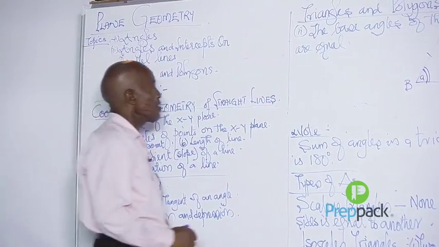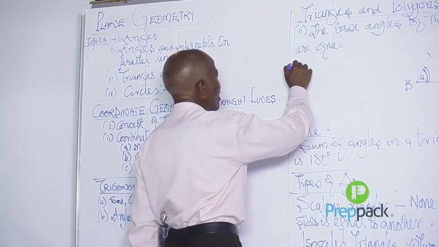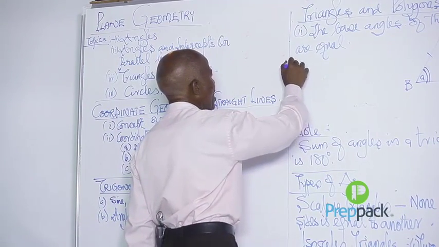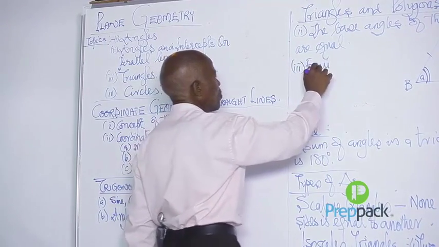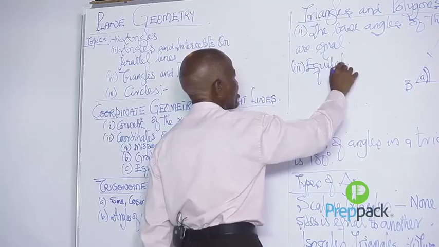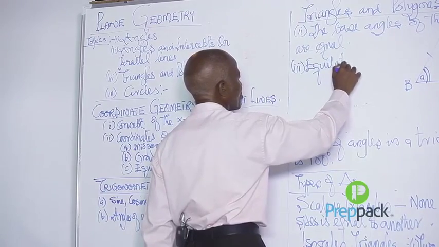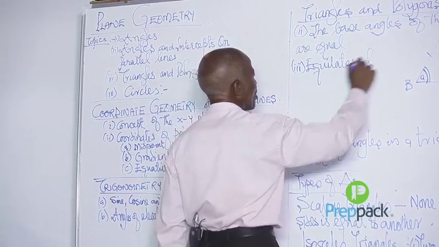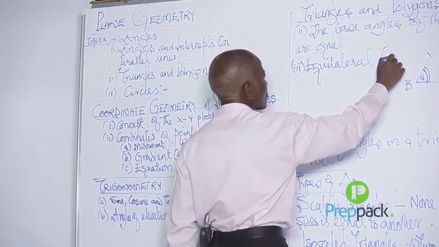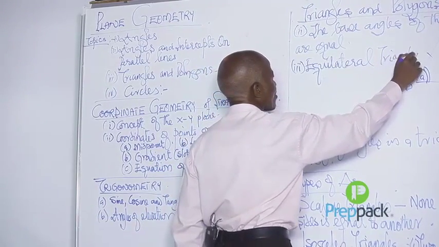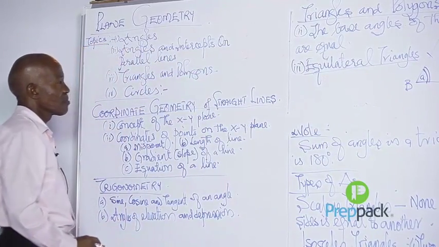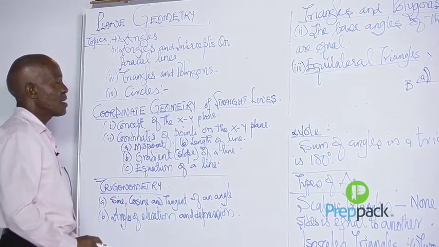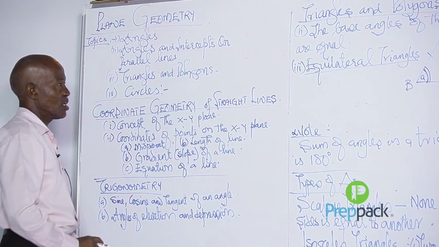We can also have what we call the equilateral triangle. Equi means equal. What are the properties of equilateral triangles?